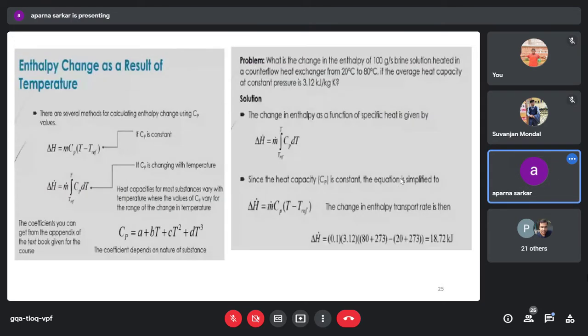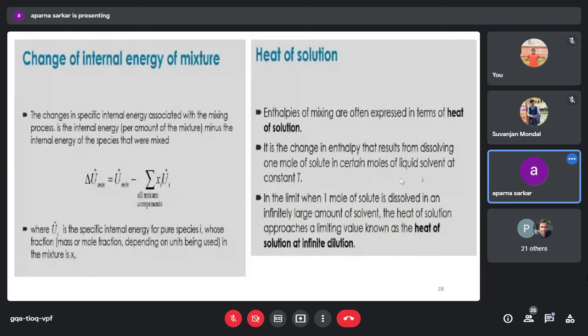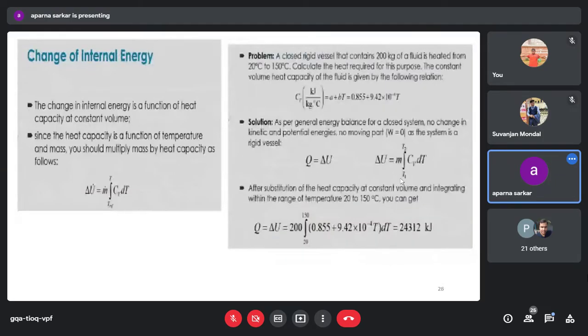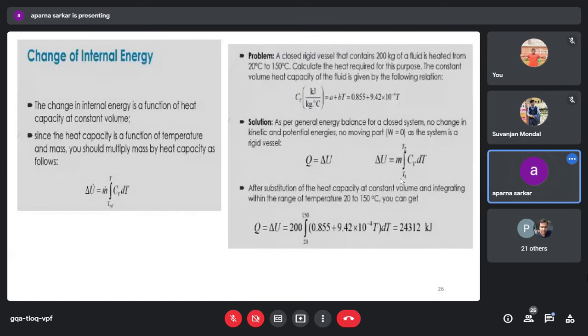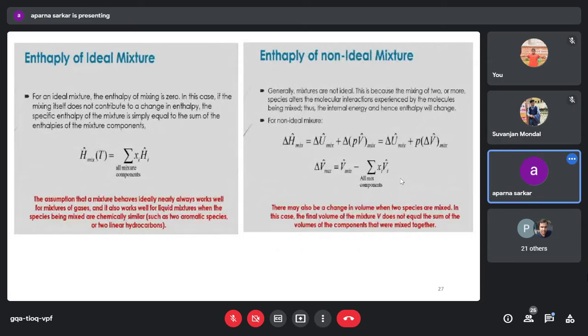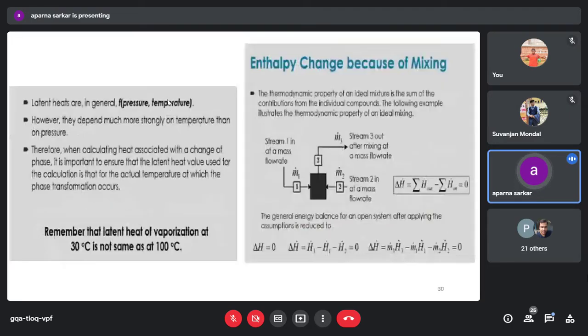Here it is written: for an ideal mixture, the enthalpy of mixing is zero. Always keep this in mind: for an ideal mixture, the enthalpy change is always zero. Therefore, here we have a mixture and we are assuming it is an ideal mixture, so del H, the difference between the summation of H out and the summation of H in, is zero.